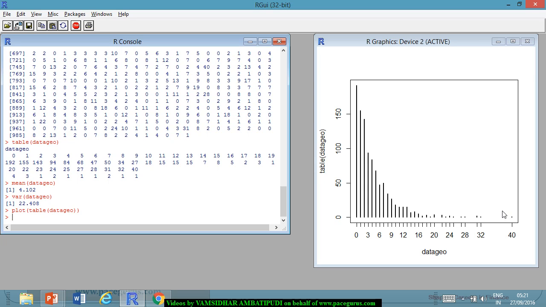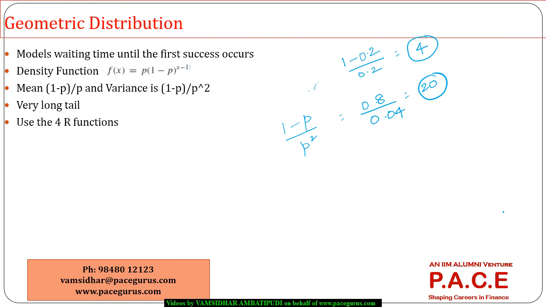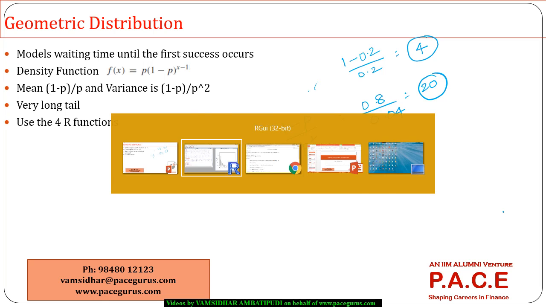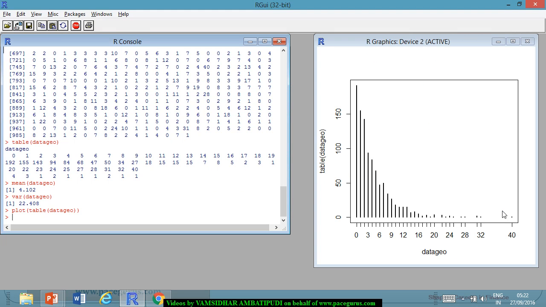If I follow a geometric distribution, there is a very good chance that a few such extreme values could be present in this data. So the tail is very long, and I can quite comfortably use all the 4 functions of R to understand what kind of data typically follows a geometric distribution, right?